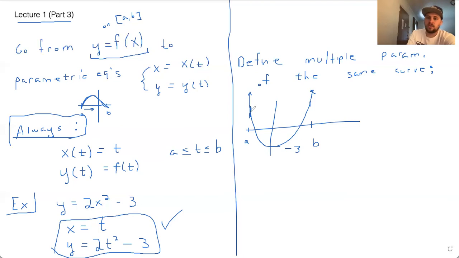Okay, and so we're looking at the parameterization just over this interval here. Maybe I'll indicate it in red. So we're just looking at the parameterization of a segment of this curve.